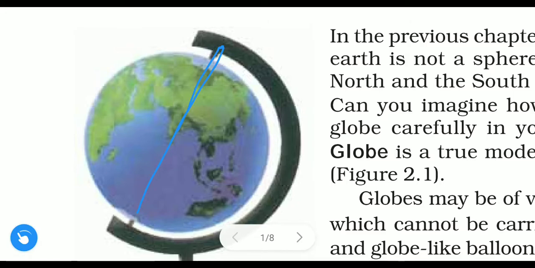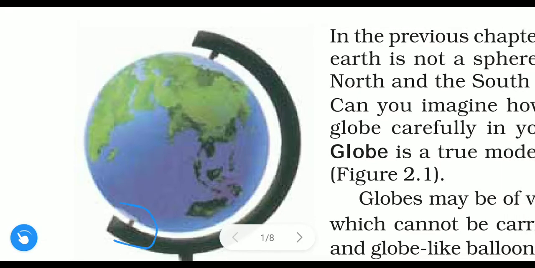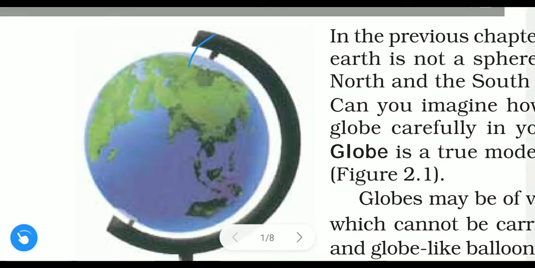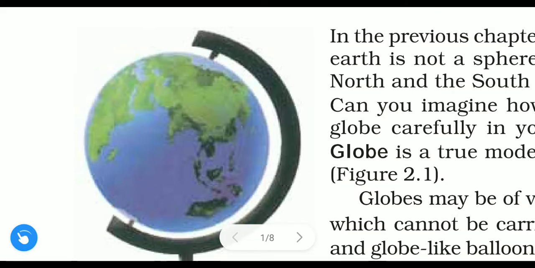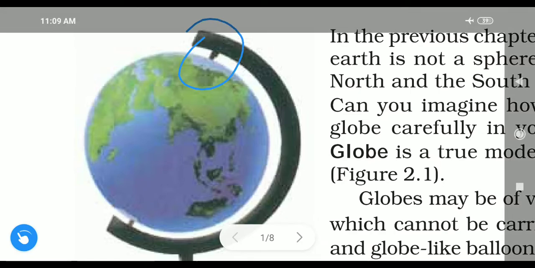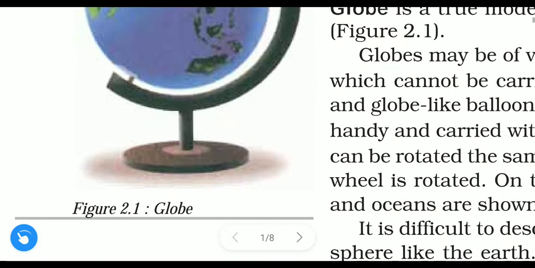This is the axis of the globe. Similarly, the earth also has an axis which is tilted like this needle, tilted by 23.5 degrees. At the top, this point and this point are the poles of the earth. This top one is the north pole and this is the south pole. So like this globe, the earth also has the same things: north pole, south pole, and the axis, which is tilted. Let us discuss here.